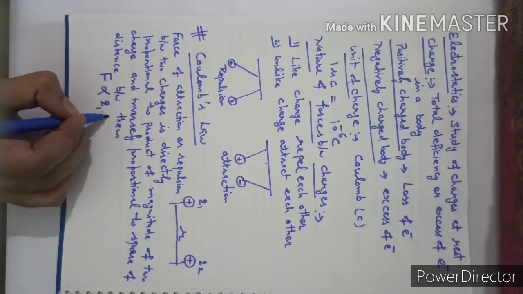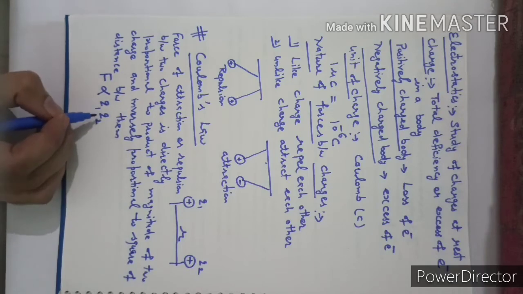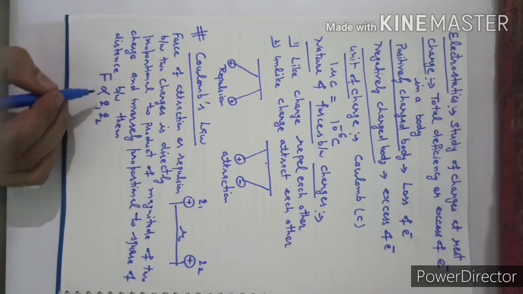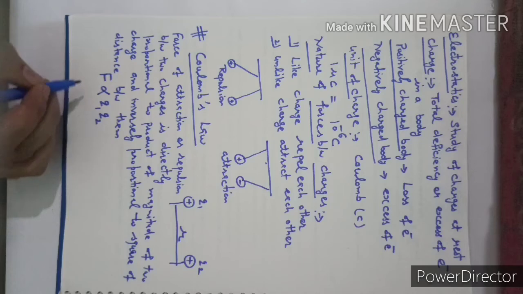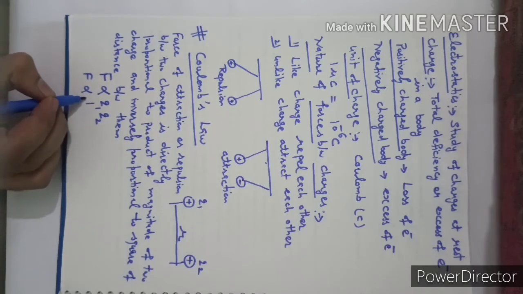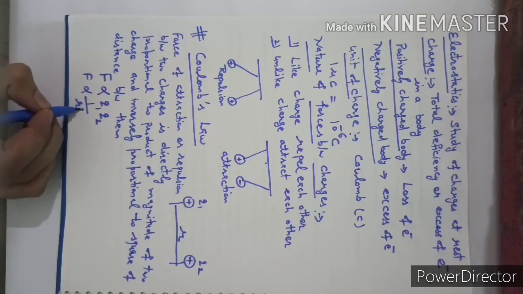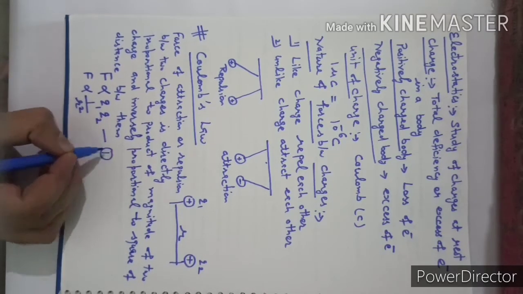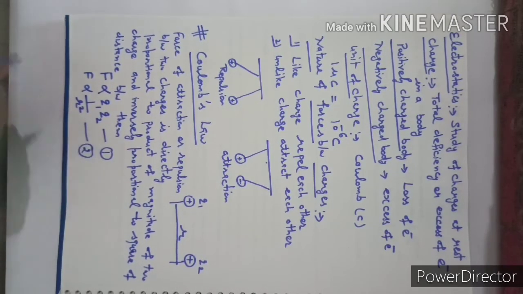the product of Q1 Q2. This is the product of two charges. This force is directly proportional to the product of two charges, and this force is inversely proportional to the square of the distance between them. Say this is equation number 1, this is equation number 2.